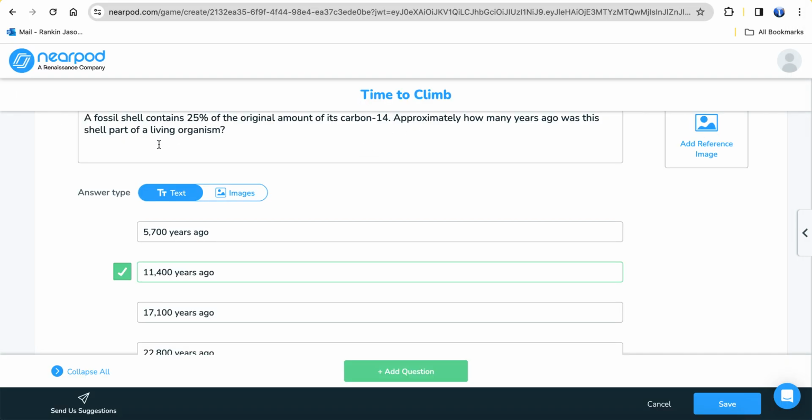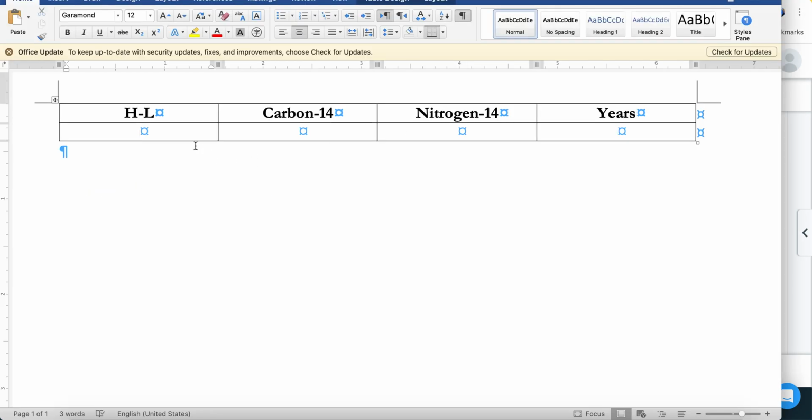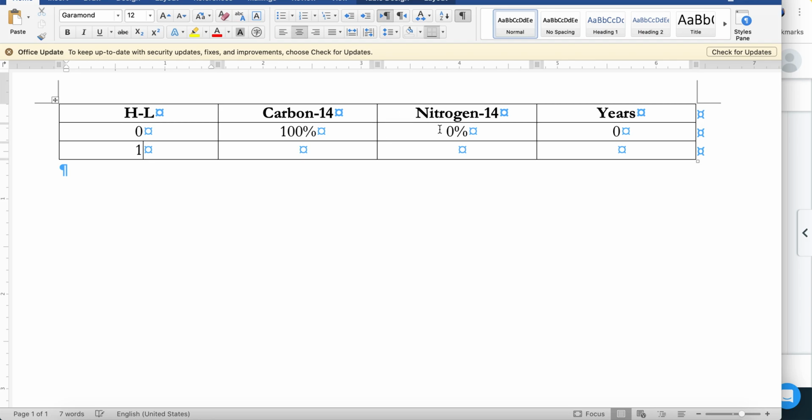Questions asking about percentages: at half-life 0, at year 0, we have 100% remaining, and 0% has changed over. At one half-life, 5,700 years, 50% remains, and 50% has now changed over to a stable isotope.